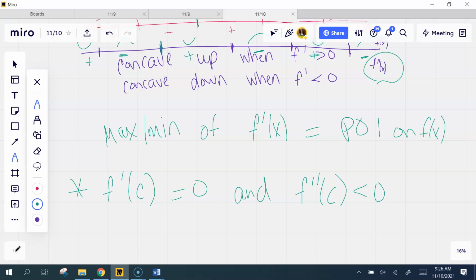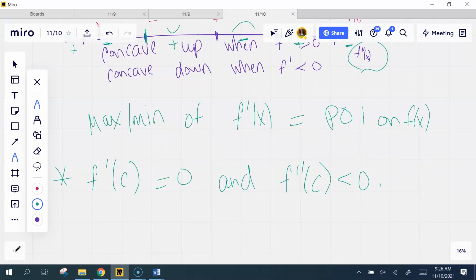So if I'm concave down and I have a max or a min, then that point has got to be a max. We're going to call it local because we don't know what else is going on in the graph. If the derivative is 0 and the second derivative is negative, then f of c is a local max.